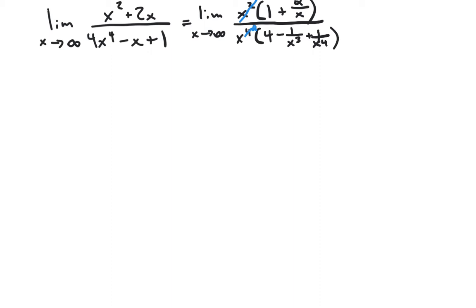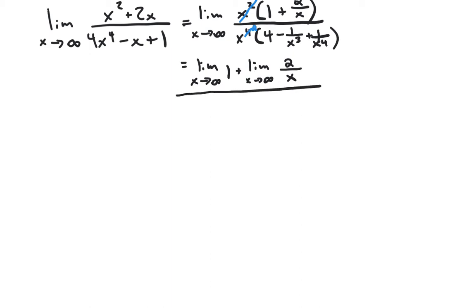So, again, let's do this the long way. So, this is going to be equal to the limit as x approaches infinity of 1 plus the limit as x approaches infinity of 2 over x, so that's our numerator.